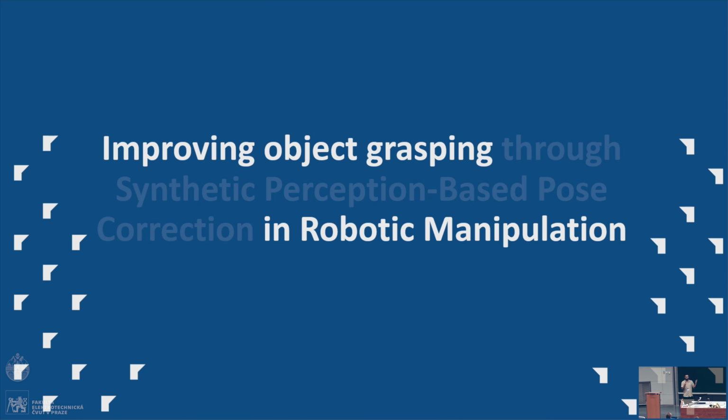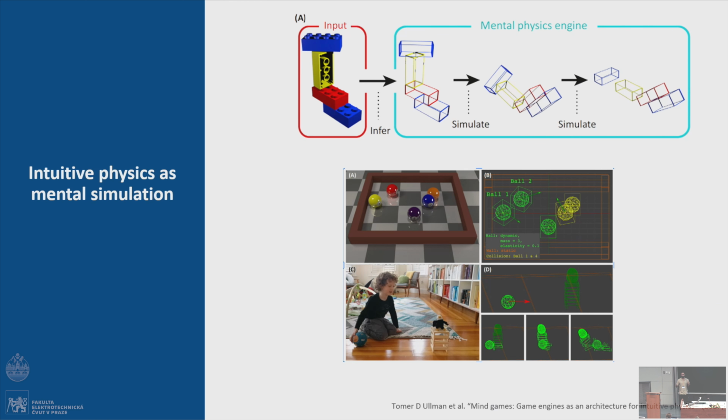So now we're going to the improving part, and I'm going to tell you about our background. In our previous work, we've been focusing on intuitive physics as mental simulation, in the sense of Tomer Ullman's and Joshua Tenenbaum's work, where people, or robots in our case, have a fully blown mental simulation, like a full physics engine in their minds, and they try to test hypotheses there.